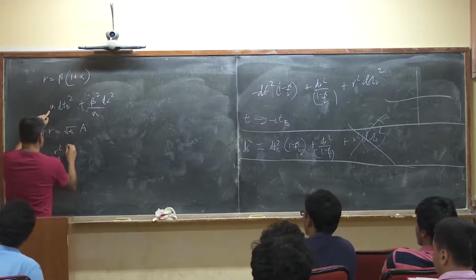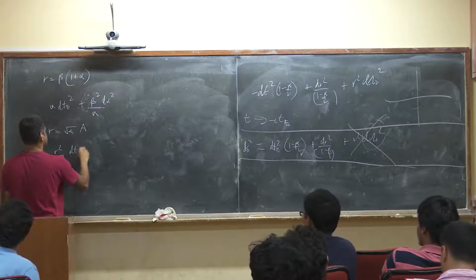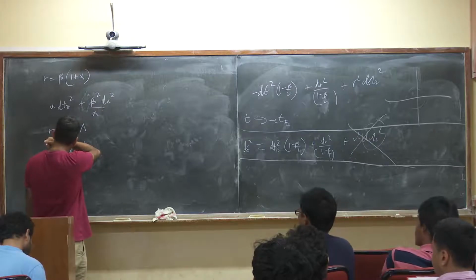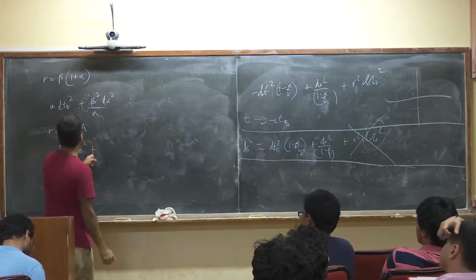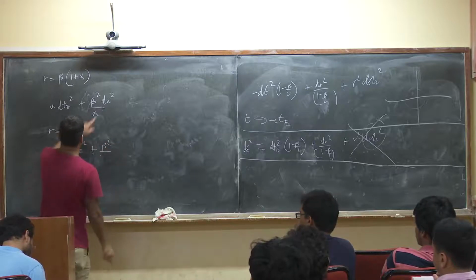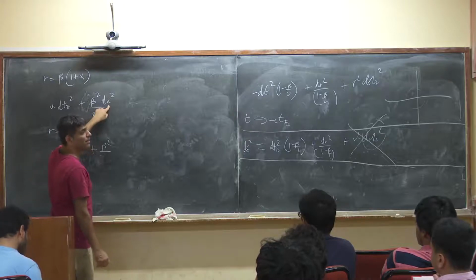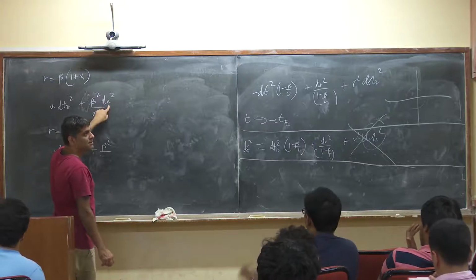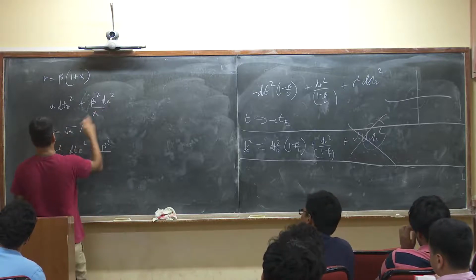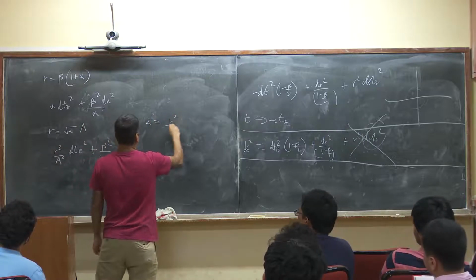Now we'll plug this in. So this now becomes r squared by a squared dt squared plus beta squared by, now d square root alpha is 1 by 2 root alpha. We have to set alpha equal to r squared by a squared.